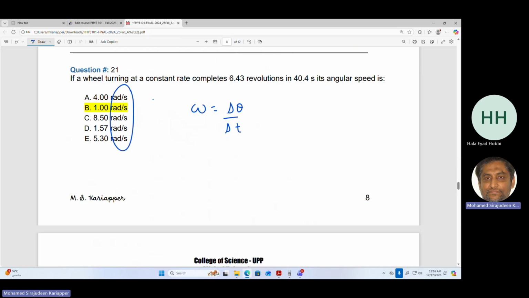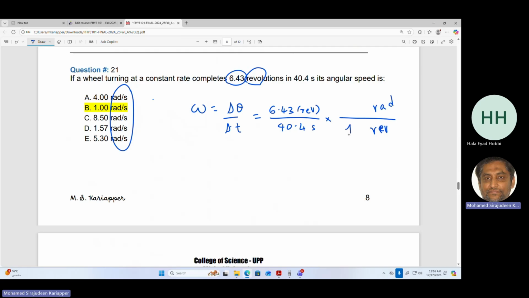So that's what we have to worry about, conversion of units. This is not in radians but in revolutions. So you have to convert the revolutions to radians, and delta t is already in seconds, so that is fine. Only the revolutions have to be converted to radians.